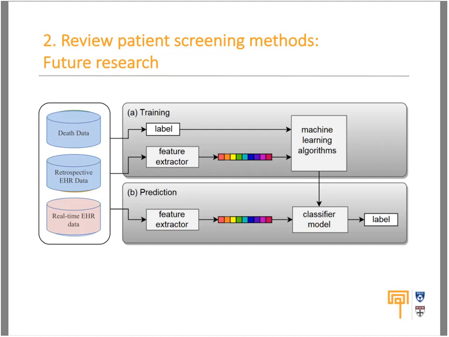This slide shows you how this works. We split the data that we collected into training and testing sets. We train the prediction models using the retrospective training data, and then we evaluate the models using test sets to assess their performance, such as sensitivity and specificity. Our preliminary work based on structured data only can achieve about 45 to 50% sensitivity for now.